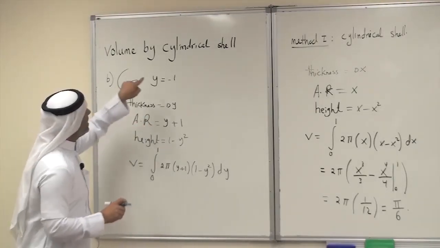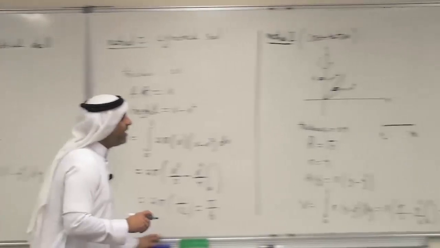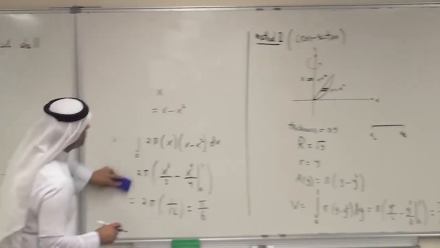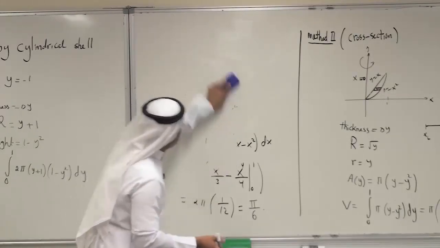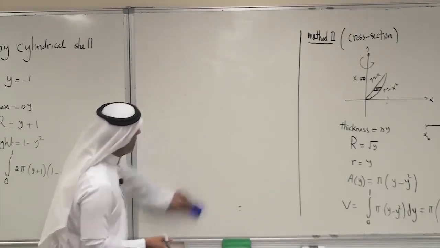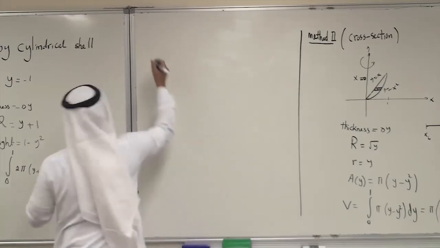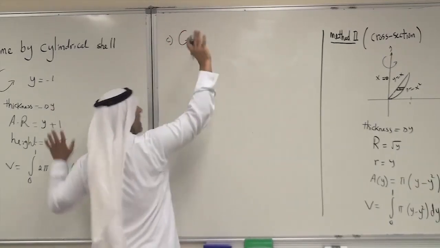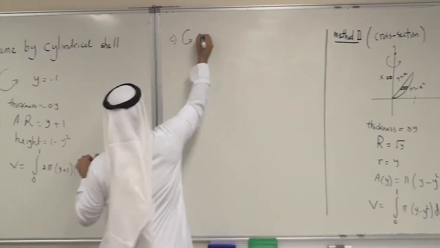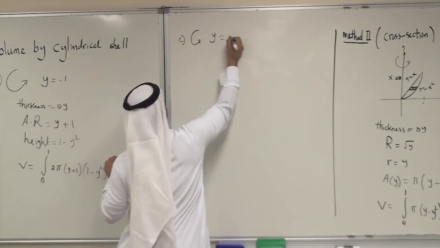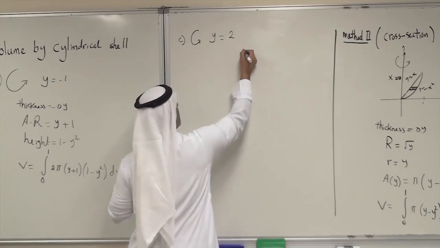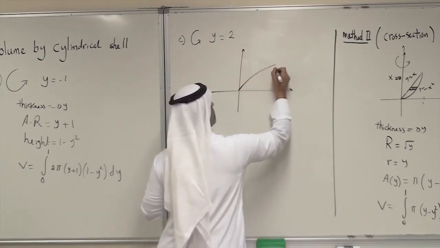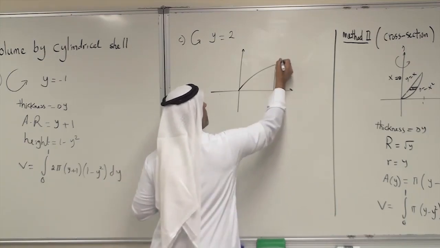Let us do one more. Instead of y equal to minus 1, let me take the axis of revolution to be y equal to 2, one line above the region we have here. Let's call this part C. What happens if the same region is rotated about y equal to 2? Let me sketch it again so that we can see the picture clearly. This is the graph, y equal to radical x. This is the point 1, 1.